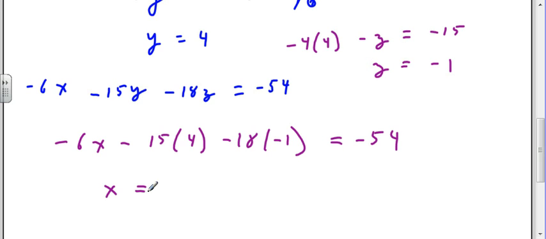okay, so I got minus 54 in my calculator. I'm going to go plus 60 minus 18. I hit the wrong button.